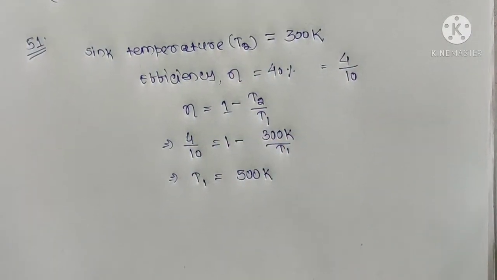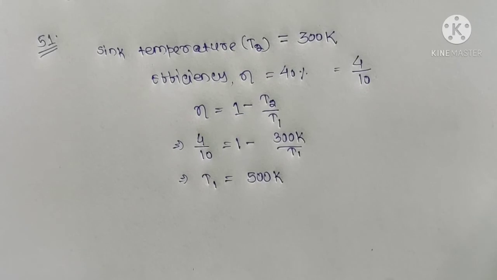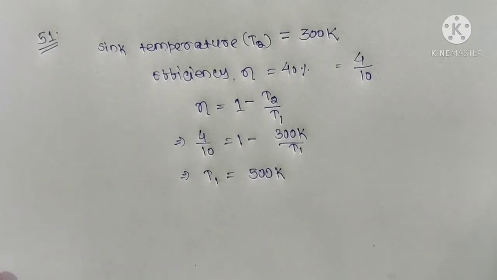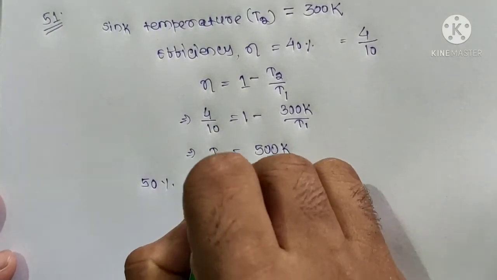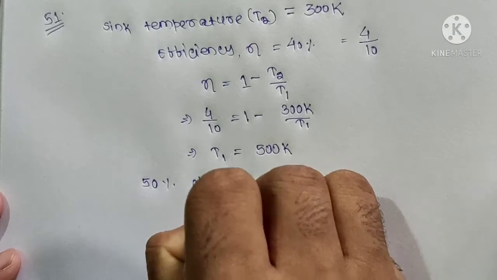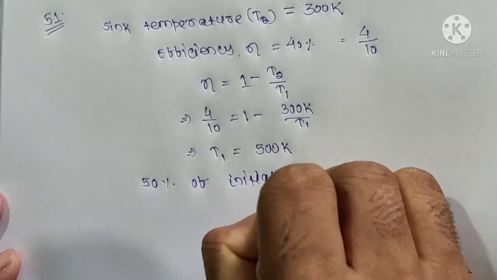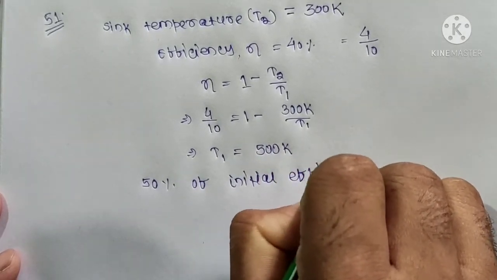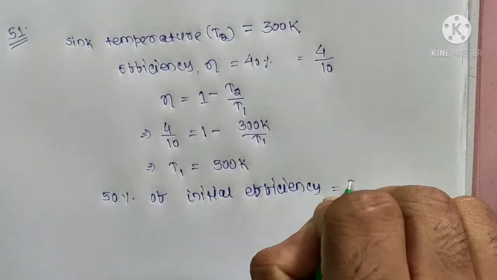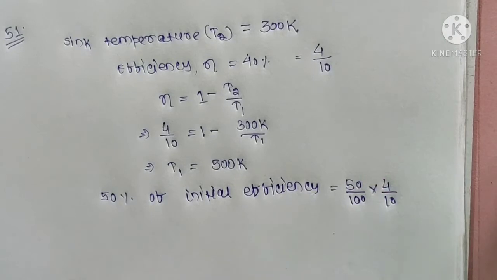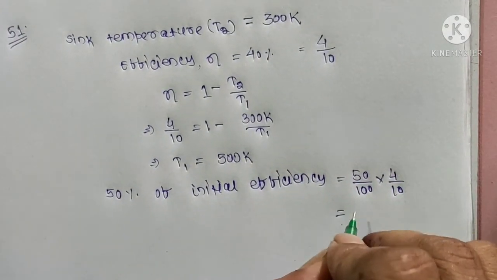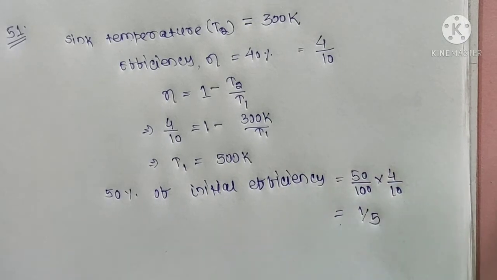Now we have to increase the efficiency, and it is given that we have to increase 50% of the original efficiency. So 50% of initial efficiency, and it is equal to 50 by 100 into 4 by 10. So it is equal to 1 by 5.